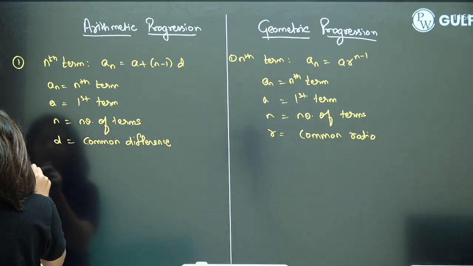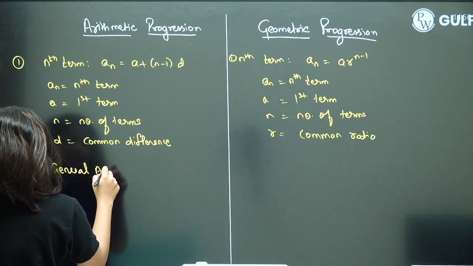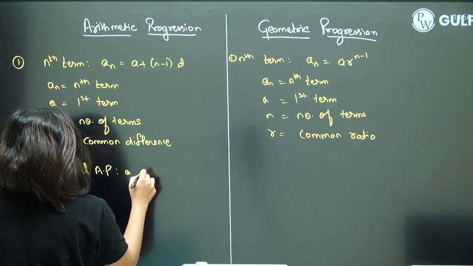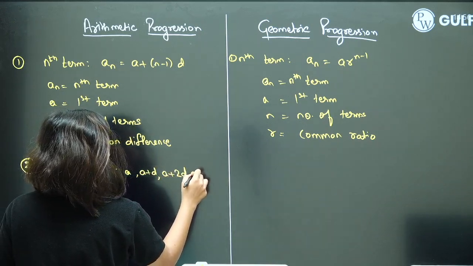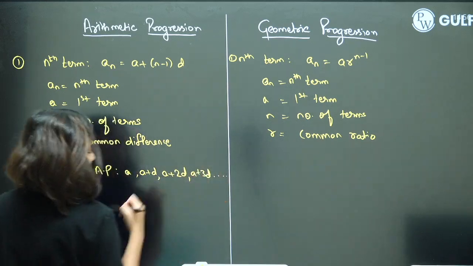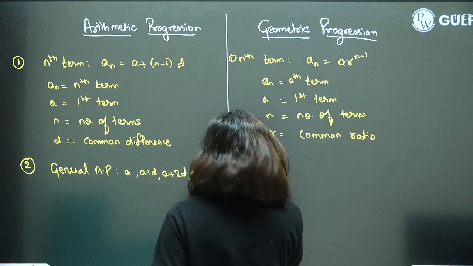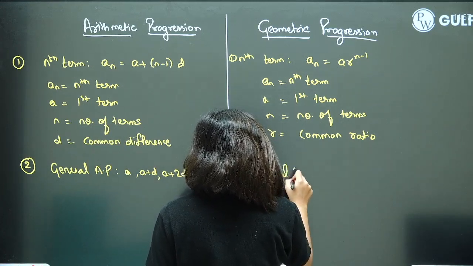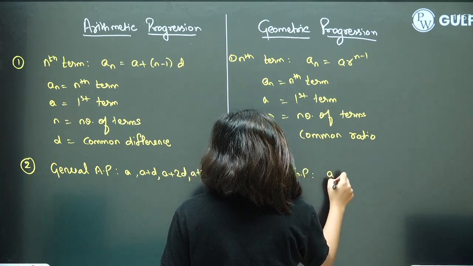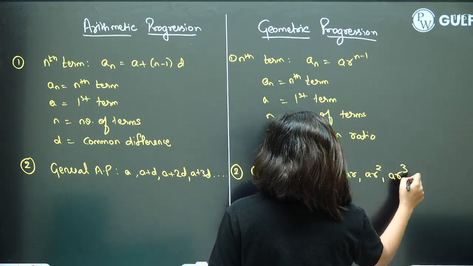Now any general AP looks like this: A, then A plus D, A plus 2D, and so on. That's your general AP, increasing by the common difference. A general GP looks like this: A, A into R, A R square, and so on.